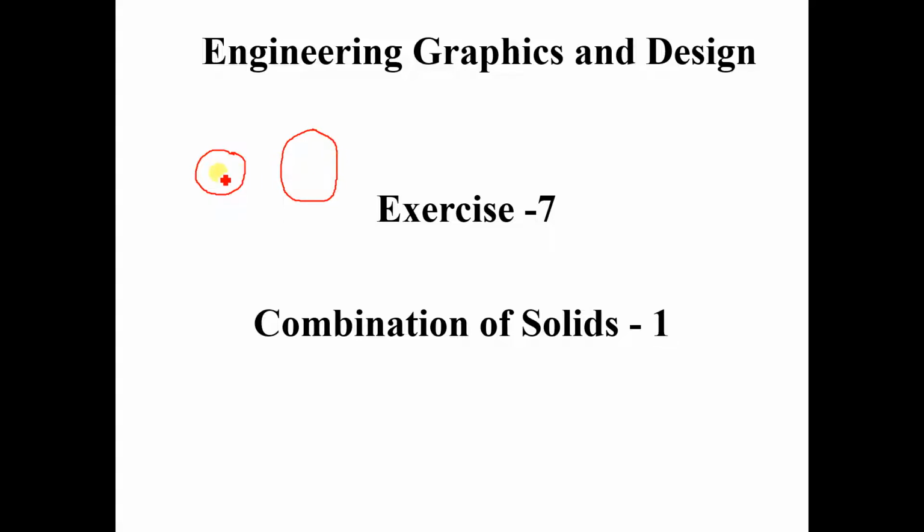Geometry means this circle is of 10 mm radius and this circle is of 20 mm radius. When you give the dimension, it becomes geometry. When dimensions are not there, it's topology. So in drawing, in CAD modeling, both topological information as well as geometrical information are very important.